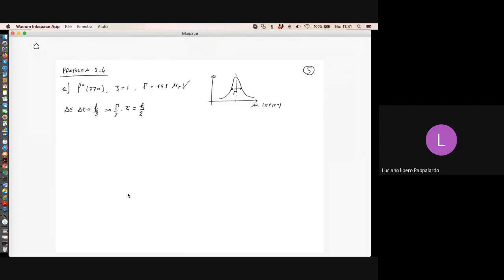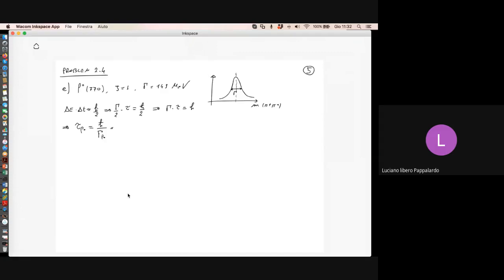And so we obtain that gamma times tau is of the order of h bar. And so the decay time of the rho 0 has to be given by h bar divided by the decay width of the rho 0.